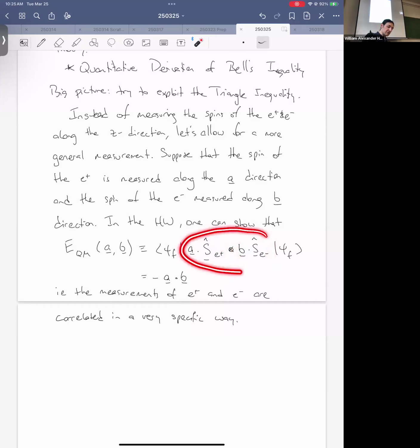And those two operators are direct producted here.